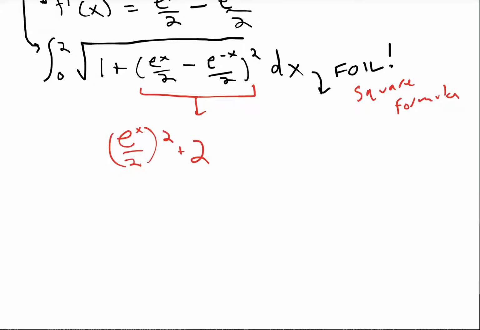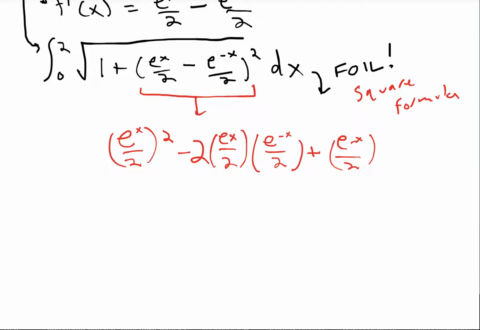So actually, this shouldn't be a plus sign here. Let me go back and erase this guy. This should be a minus sign because, 2 times a times b, okay, 2 times my first term times my second term. My second term was negative, that's why I just shifted that to a negative sign. And I get to square my last term. This is e to the minus x over 2 squared.